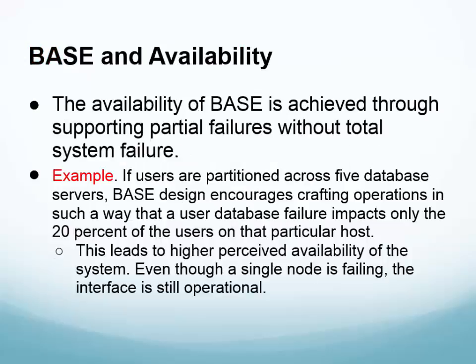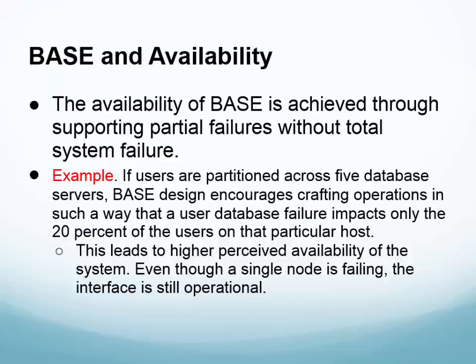The availability of BASE is achieved through supporting partial failures without total system failure. For example, if users are partitioned across 5 database servers, which is the example I was giving earlier in the start of the presentation, BASE design encourages crafting operations in such a way that a database failure impacts only the 20% of the users on that particular host. This leads to higher perceived availability of the system.